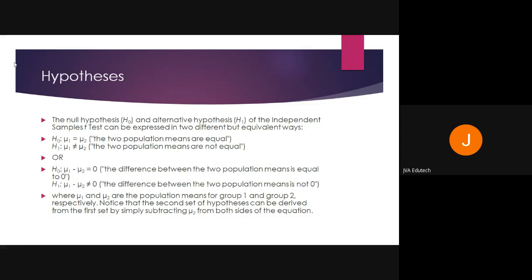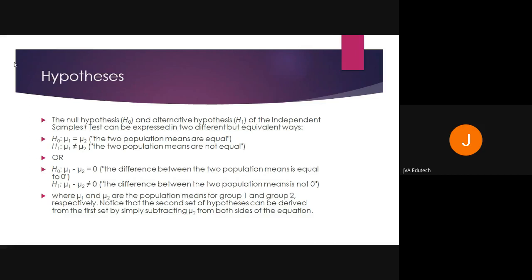So for the hypothesis, again, we will formulate a null and alternate hypothesis. The null hypothesis is that mu1 is equal to mu2, meaning the two population means are equal. There exists no significant difference between the population mean of group 1 and group 2.